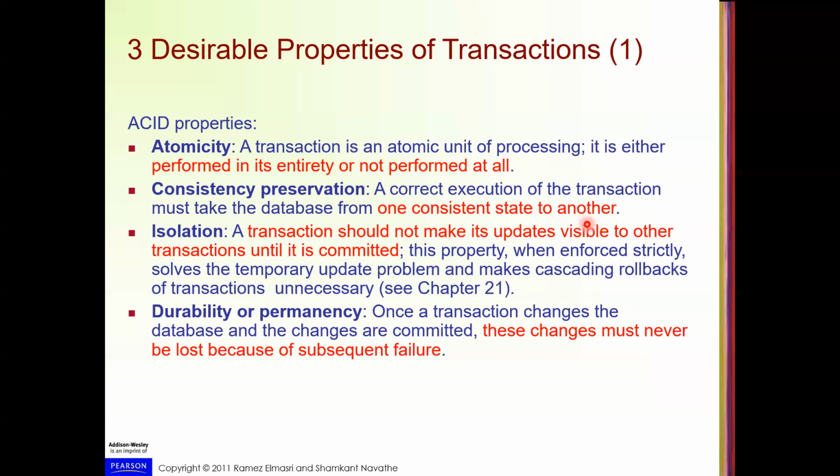It shouldn't be like that before executing the transaction, the database was consistent and the values of the data items were correct, but after executing T1, the values of the database have become inconsistent. In such a case, the transaction is aborted. It means the transaction is cancelled and the transaction will roll back, and it will ensure that the database is in a consistent state after executing itself. This is called consistency preservation.